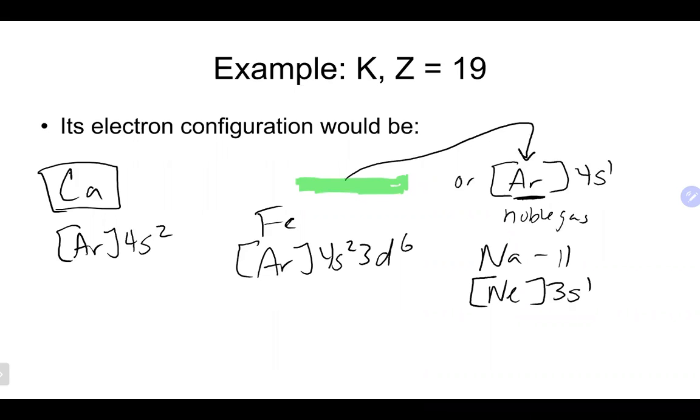Now, let's talk about a couple other things with electron configuration. Let's say we did have something that had a charge. So let's just say that we'll do magnesium that has a +2 charge.